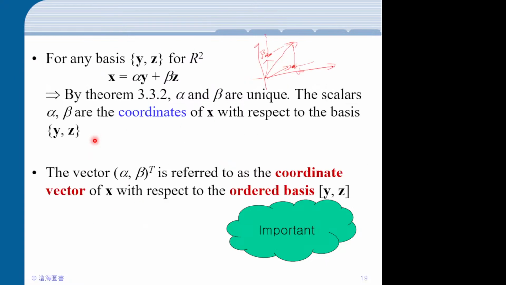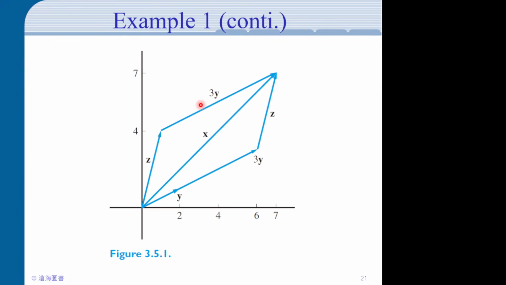And we see that for vectors y and z, we can also write x as alpha times y plus beta times z. Geometrically, you have your vector x, and you have two vectors that also form a basis, so they are linearly independent. And you see that x can be written as some multiple of y plus some multiple of z.